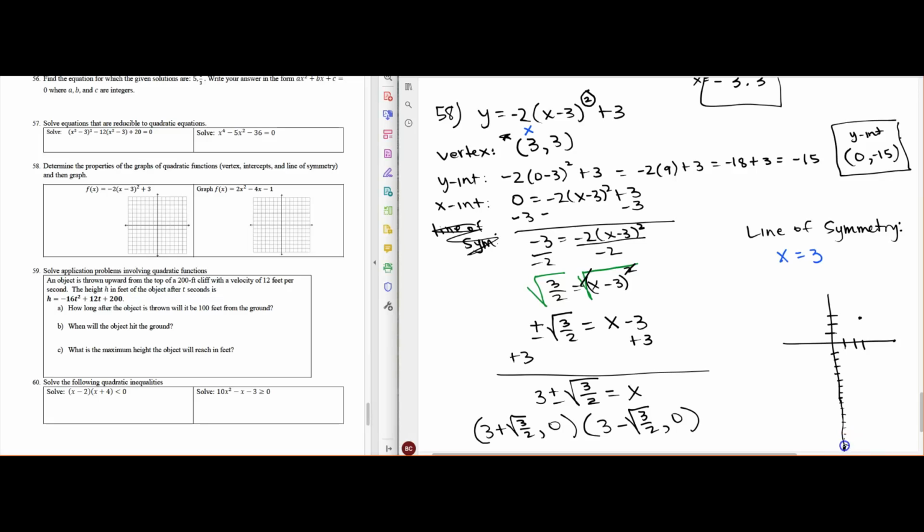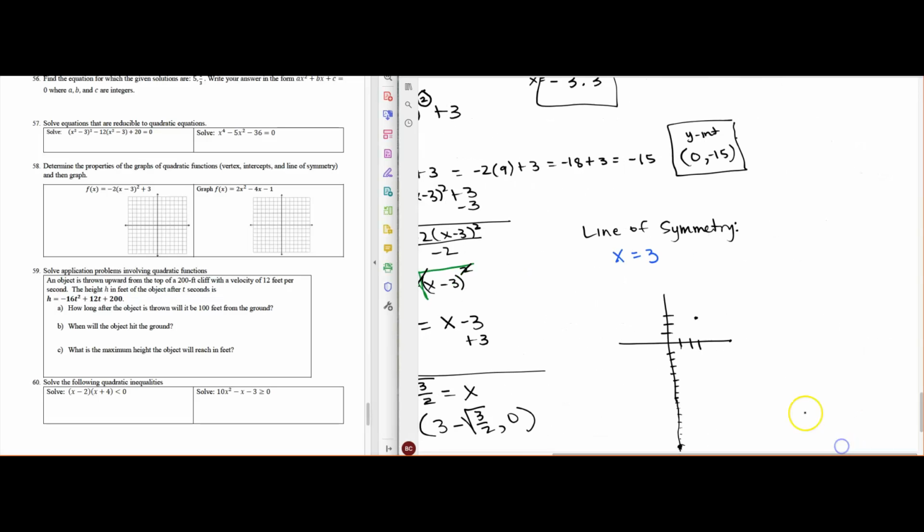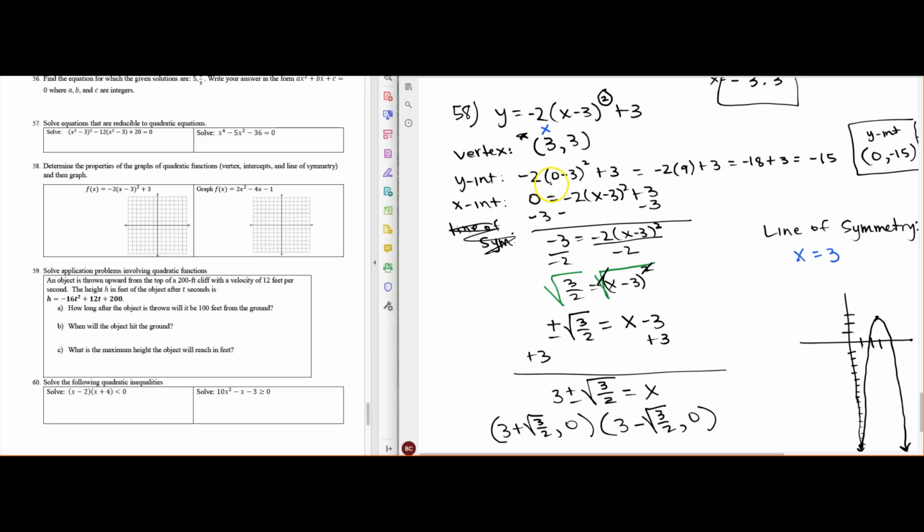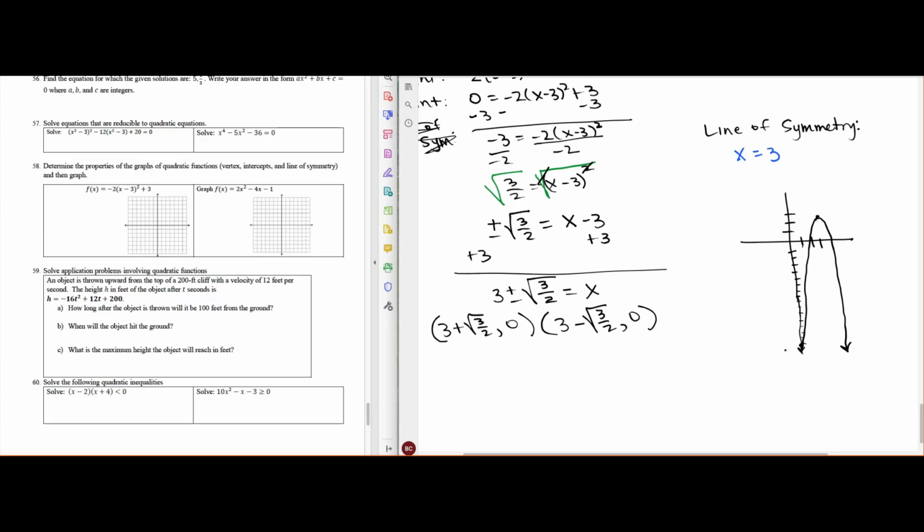So it's going to be kind of looking like this, right? And it should be kind of looking skinnier because of that 2 also, right? That negative 2 in the front makes it upside down and skinny. And so that's what it would kind of look like.